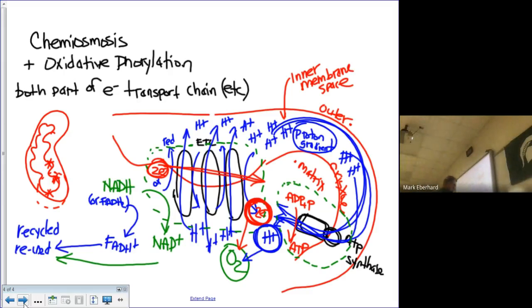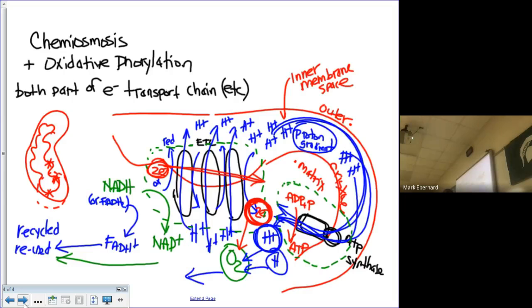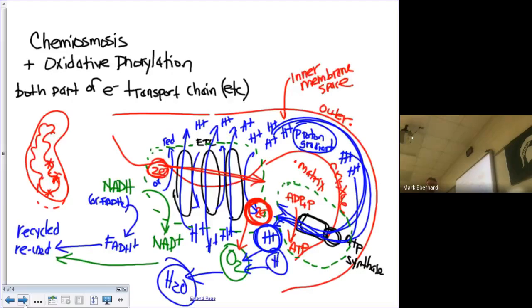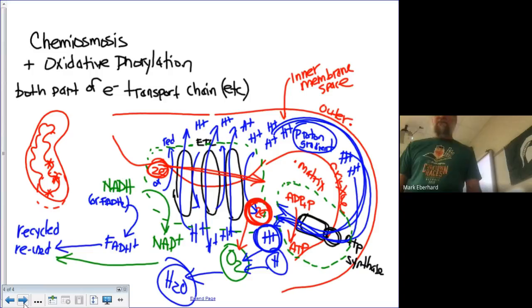And if you get 2 hydrogens joining with the oxygen, you, of course, form H2O. You form water, which is your final product, which happens to be what starts the whole process of photosynthesis. It comes full circle.